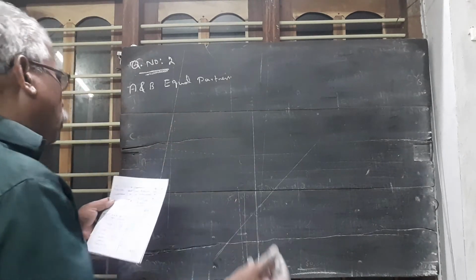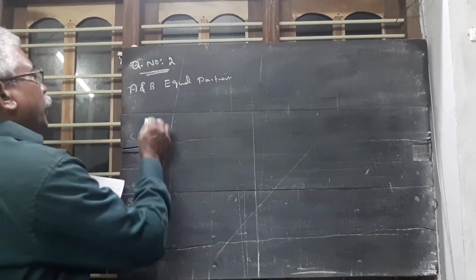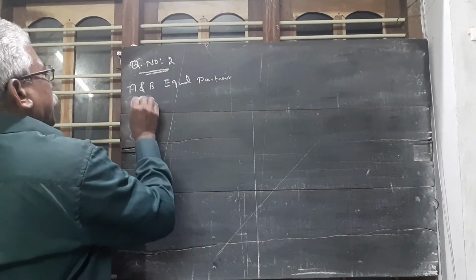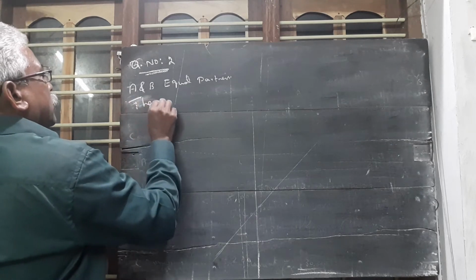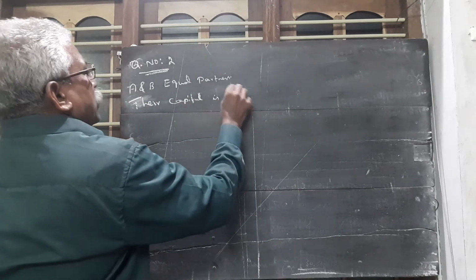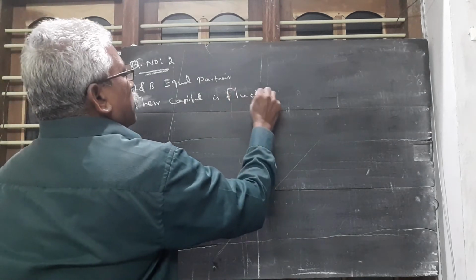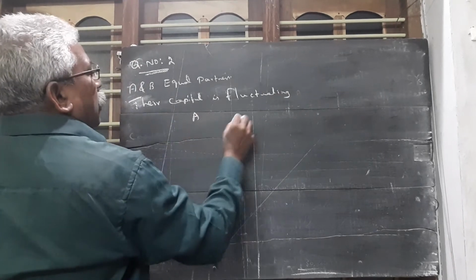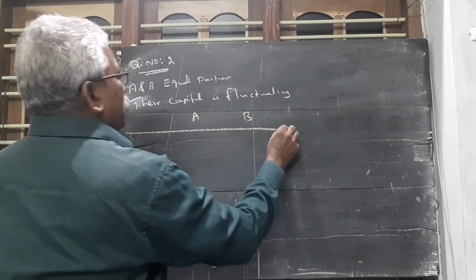That means 1:1. Then their partners' capital is fluctuating. Here the question: A's column, B's column.